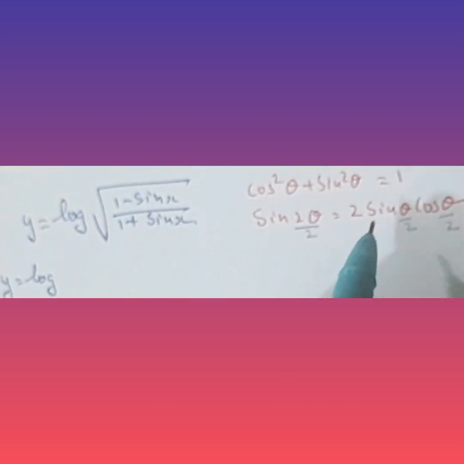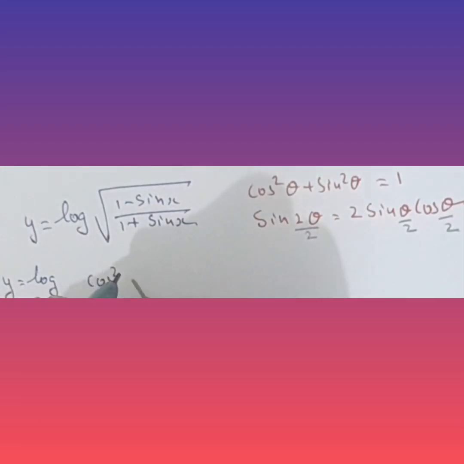Alright, so now if we get into the numerator, what would it be like? It would be y is equal to log, and here, instead of theta it is x by 2. So it would be 2 sin x by 2 cos x by 2.